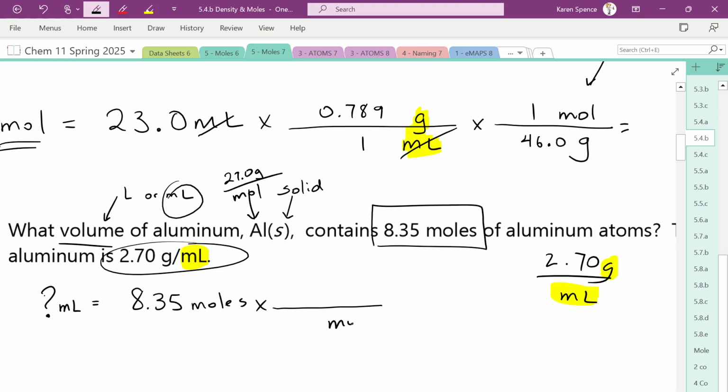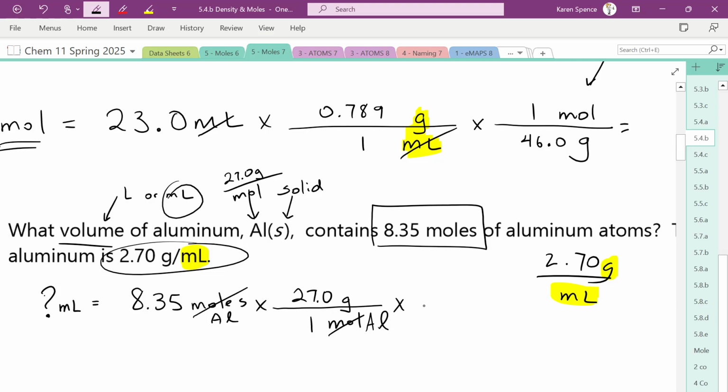So I want my moles down here, and I want my grams up here, because moles need to cancel. This is Al. That is 27.0. Whoops, not 2.7, 27. For 1 mole. And actually, I just want to do this in 2 steps here.